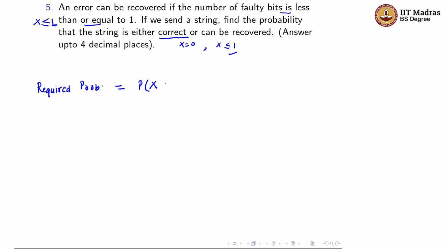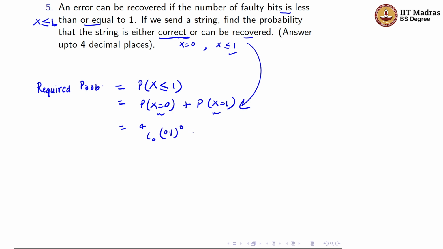So we have to find the probability that X is less than or equal to 1, which is the probability that X is equal to 0 plus the probability that X is equal to 1. Both cases, correct or recovered, are included here. By using the PMF of the binomial distribution, this is equal to 4C0 times 0.1 to the power 0 times 0.9 to the power 4, plus 4C1 times 0.1 to the power 1 times 0.9 to the power 3.